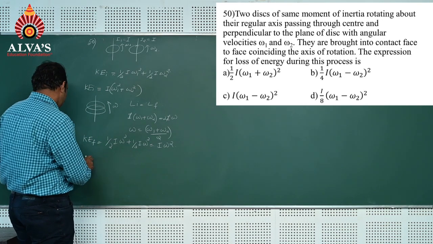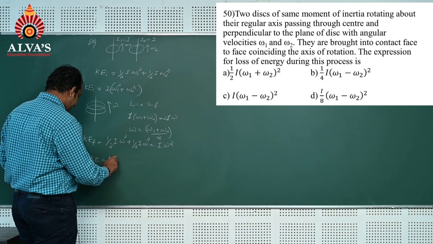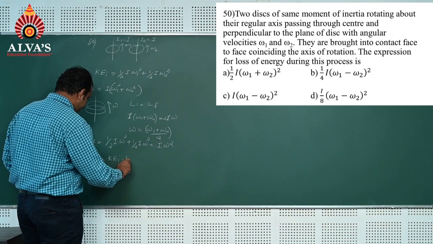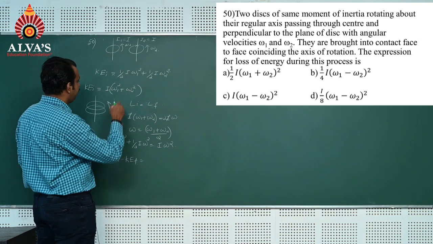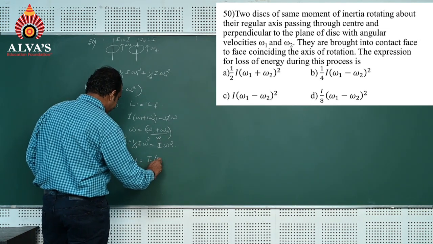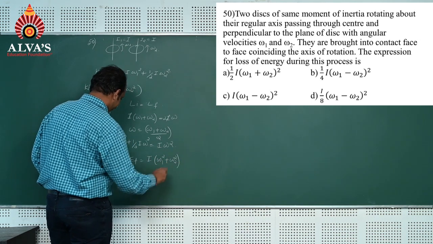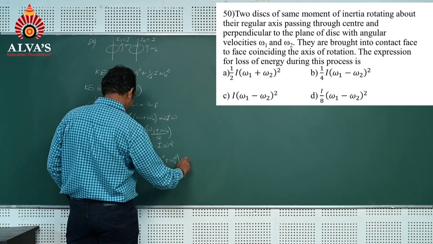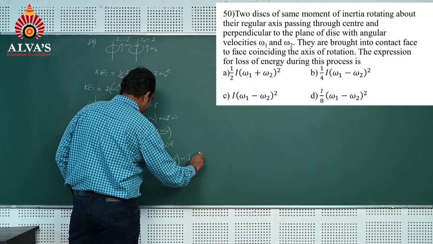That is, loss of kinetic energy delta KE is equal to kinetic energy initial minus kinetic energy final. Initial kinetic energy we can just write as I into omega 1 square plus omega 2 square, minus final kinetic energy, which is I into omega square.